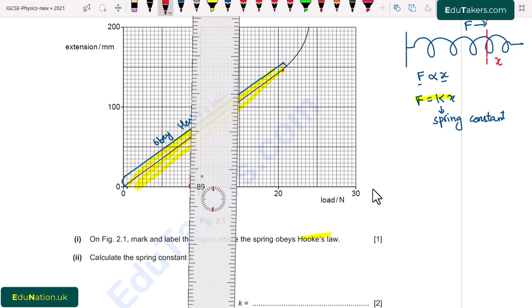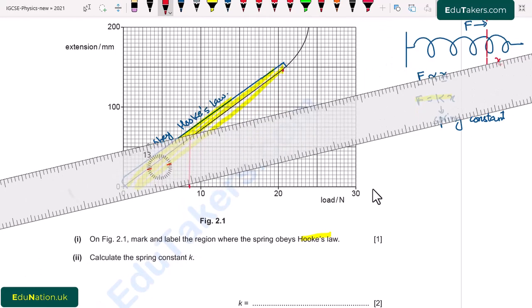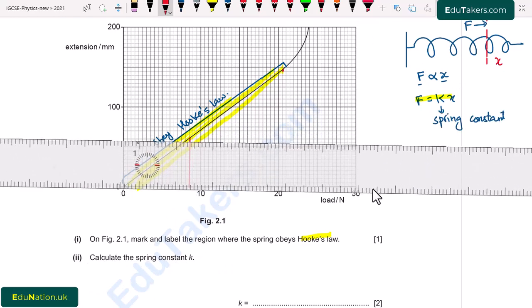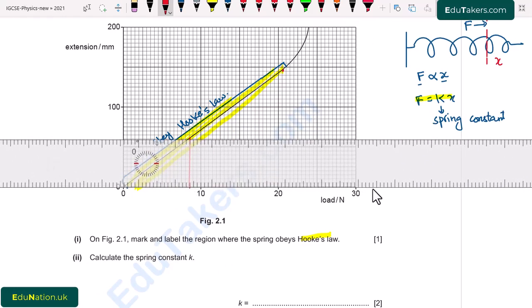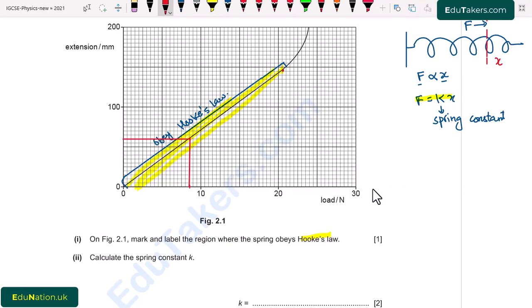It meets at this point with the curve, and I also drop it on the y-axis and draw a line here. So the corresponding extension value is 60, as this scale is calibrated in millimeters, so we have to consider it.